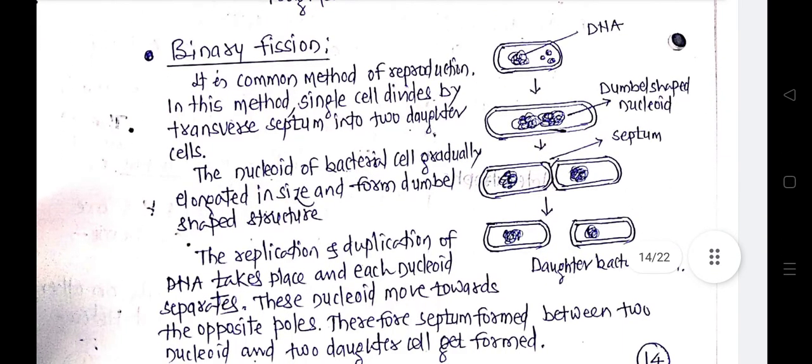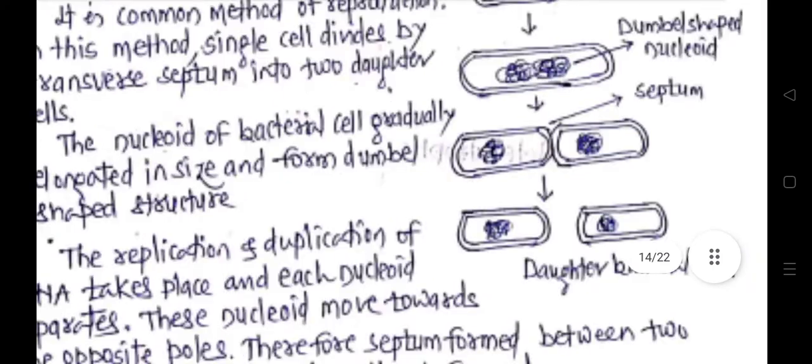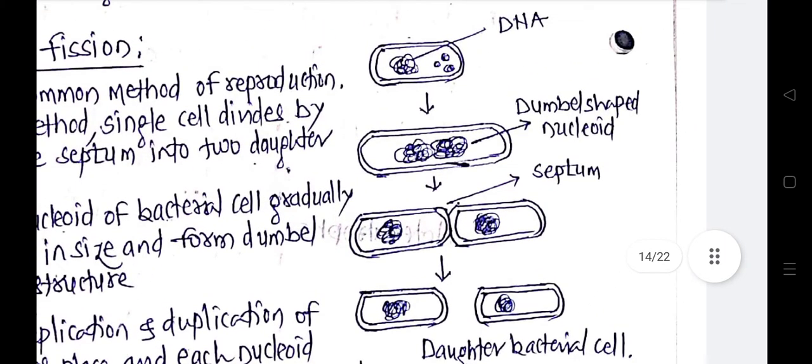Look here, this is a very common method. Look here, a single bacterium divides transversely into two bacteria by formation of a septum and the division of nucleic acid takes place.